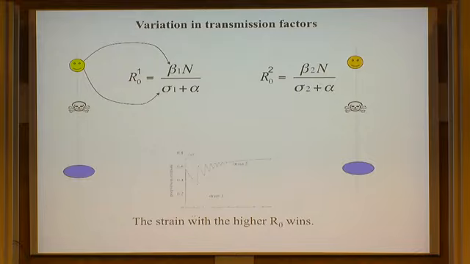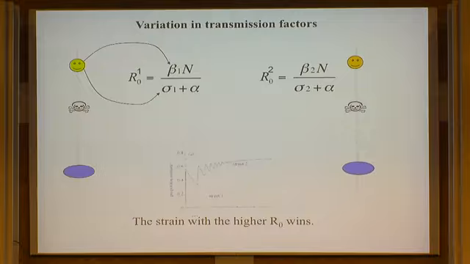Similarly, if you start to introduce variation in some of the transmission factors, once again, you alter the strain's R0, and in any such system, once again, you get the outcome that the strain with a higher R0 wins. This is classic competitive exclusion, and the reason it's occurring is because they are sharing the same resource.